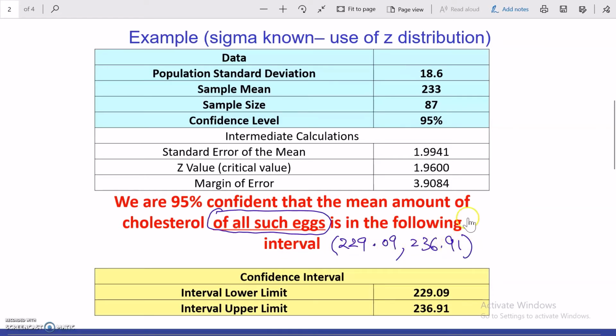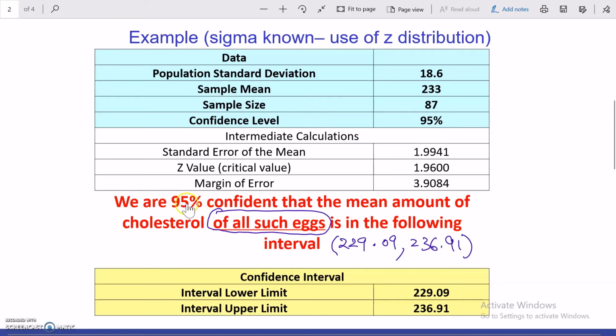Remember, I'm not telling you what the mean is. What is that value? I don't know. It's very important that you understand that. What I'm saying is that the value lies in this interval, and I'm 95% confident about this.